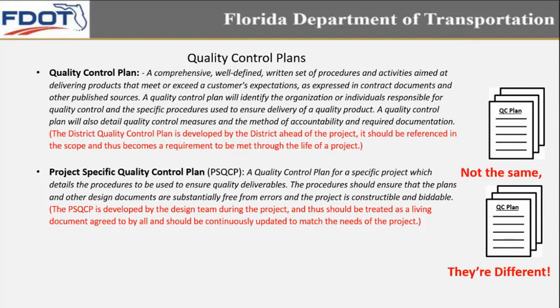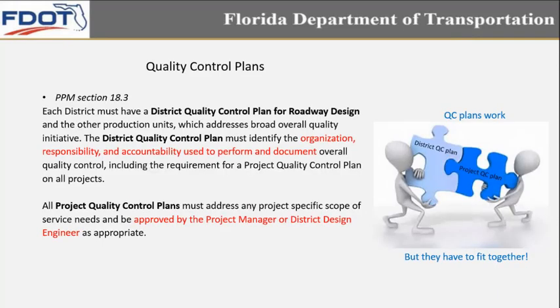So the key message of this slide is, your project-specific plan should be a living document, continuously updated throughout the project, and your district plan should be more of your fixed requirements.